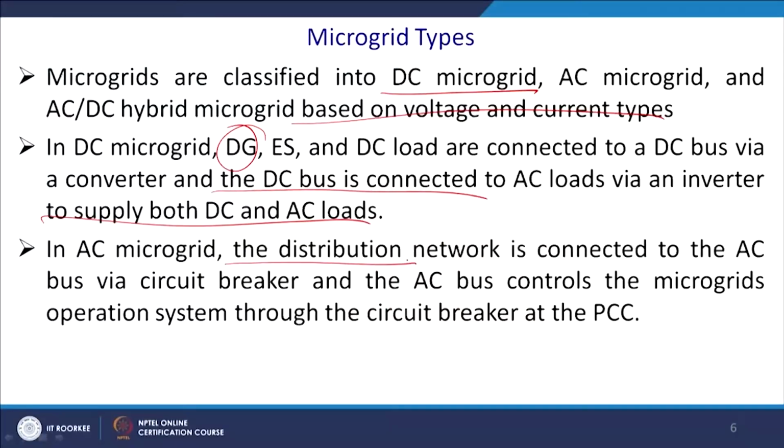In an AC microgrid, the distribution network is connected to the AC circuits by means of the circuit breaker, and the AC bus controls the microgrid operation through the circuit breaker at the point of common coupling. So, this is quite easy to connect. You have circuit breakers and isolators, that is the way power generally comes to you from the substation.